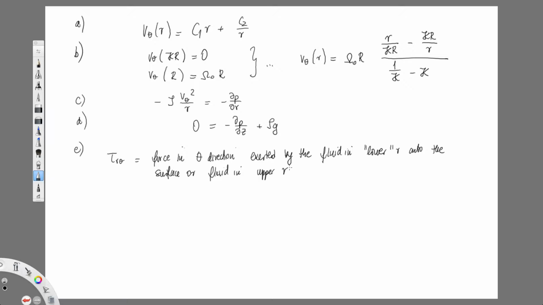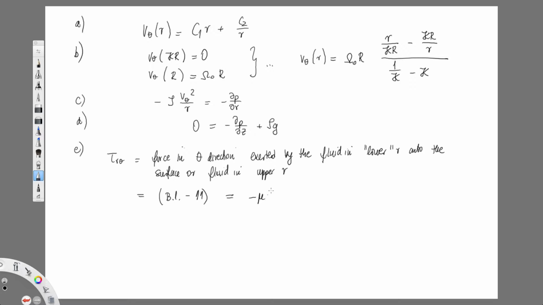And what is my tau r theta? Where am I going to look that up? In the appendix, there's a formula for cylindrical coordinate systems. So please go to appendix B1. And it's B1 what? Who has the book? B1.11?